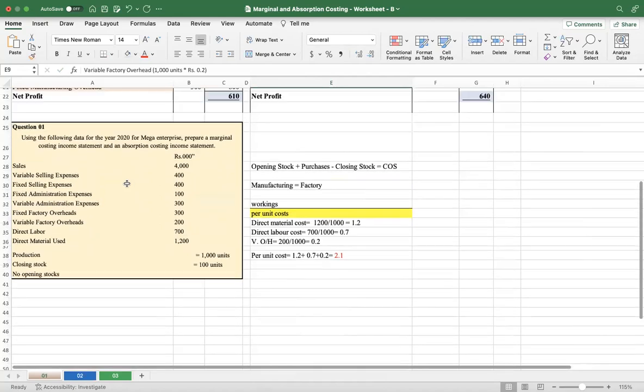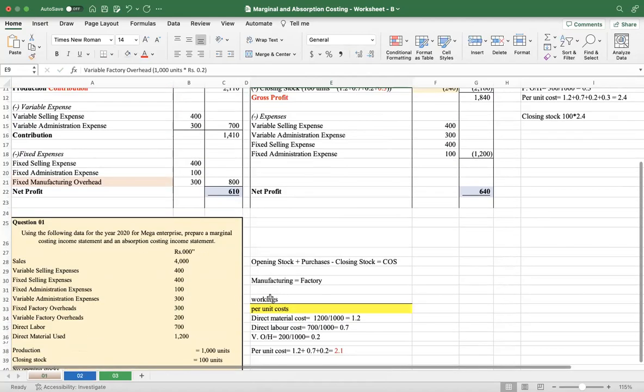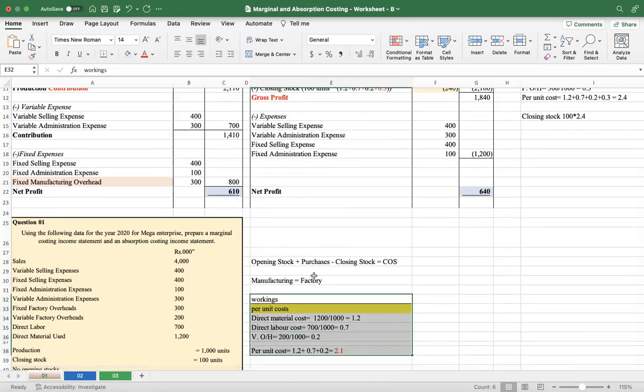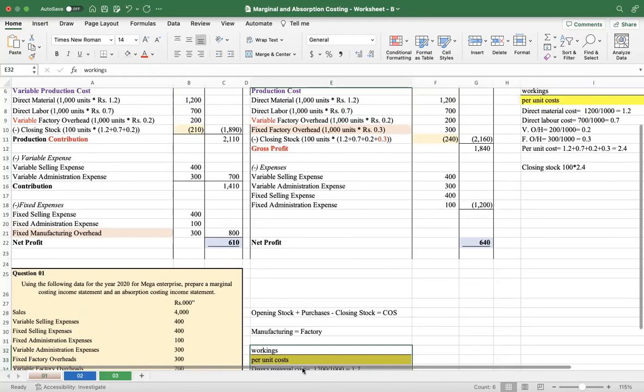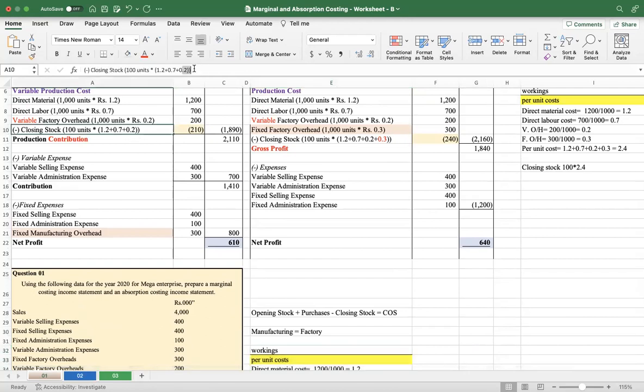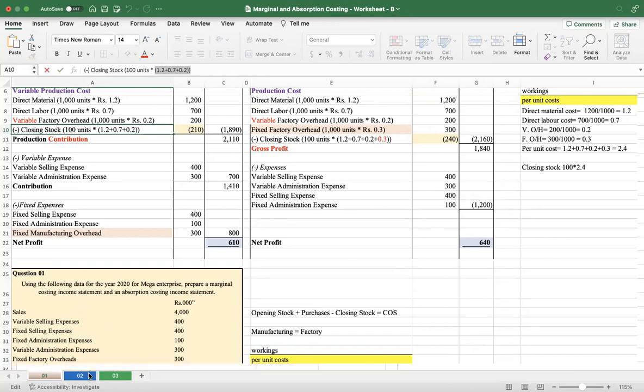At the same time, since I wanted you all to learn that we can do the working separately, I did this here for your convenience. So either way you can follow and show, because at the end of the day, you need to find the per unit cost to calculate the closing stocks.